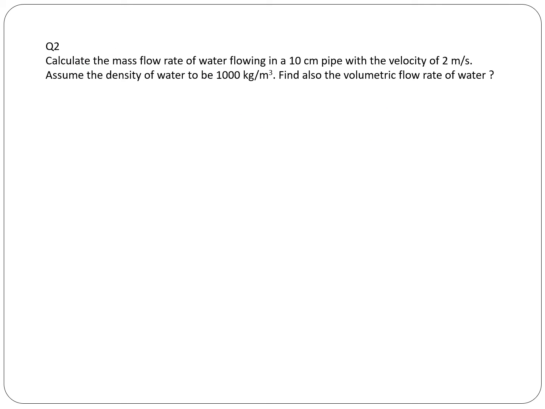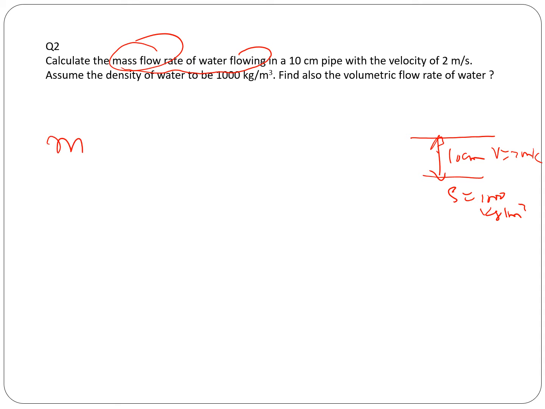Okay. So in this problem, you have been asked to find the mass flow rate of water in a pipe. So you have a pipe which is 10 centimeter in diameter, and the water is moving with a velocity of 2 meter per second, and density is 1000 kg per meter cube. So this is given. You have been asked to find the mass flow rate. So the mass flow rate, how many kg per second, is rho A V average, where this is the average velocity.